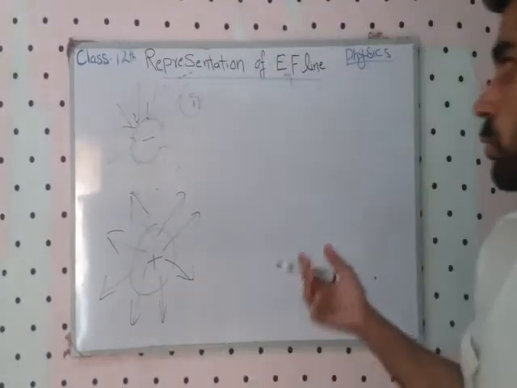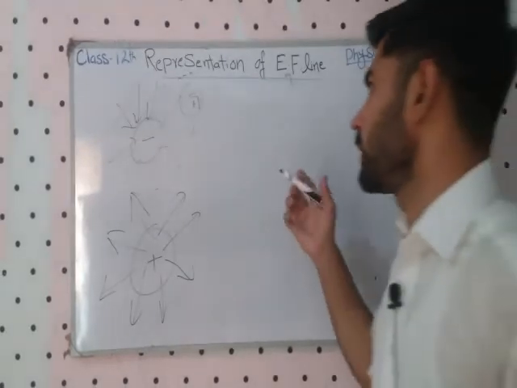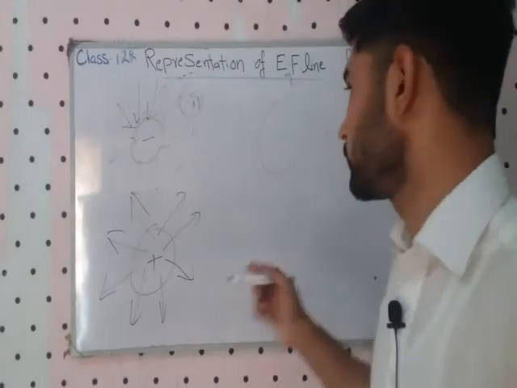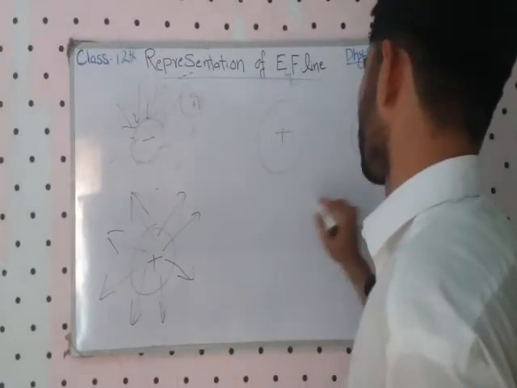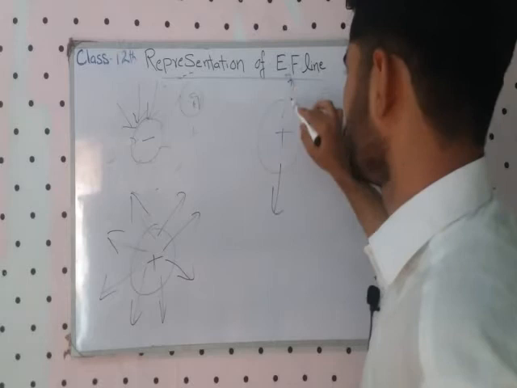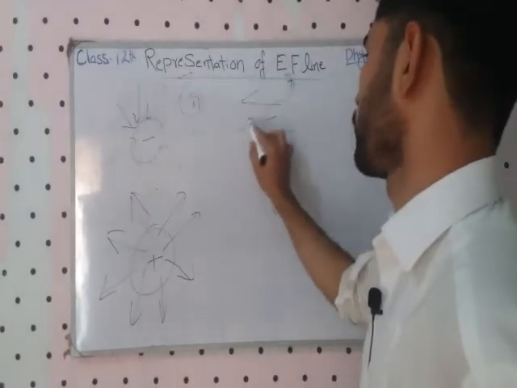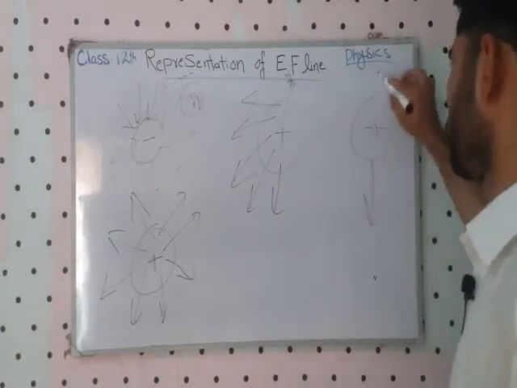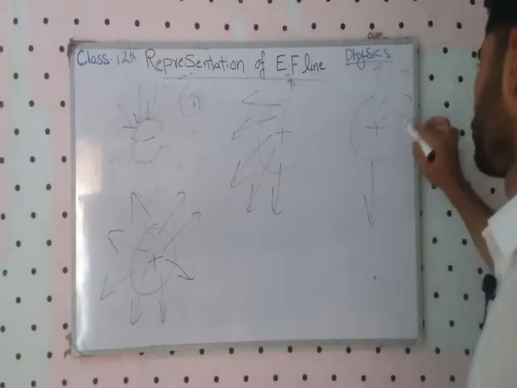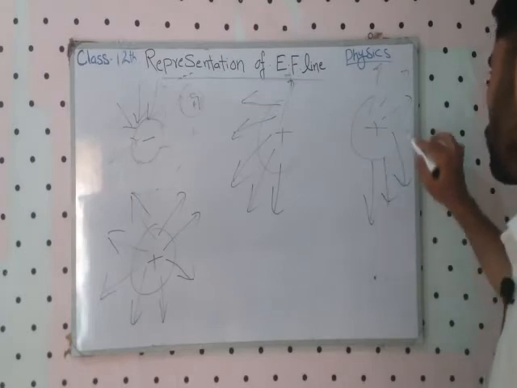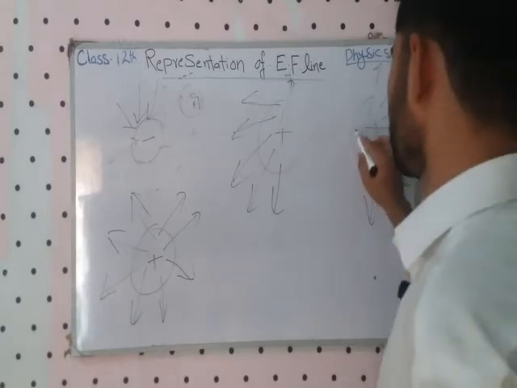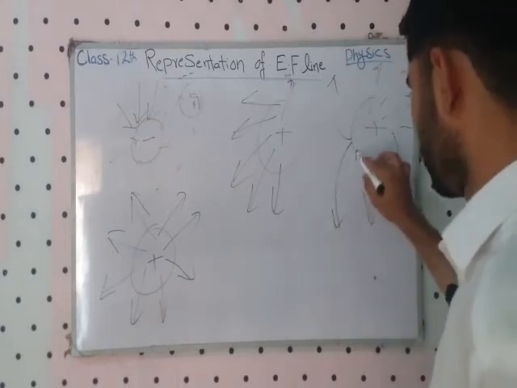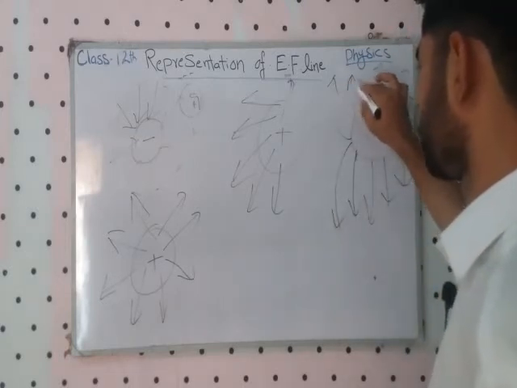If we take two charges together, for example both positive, let's take two positive charges. Both are positive, so this line will be same, this line will also be same, and this line will be like this.